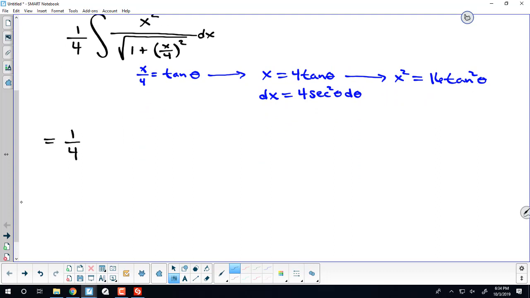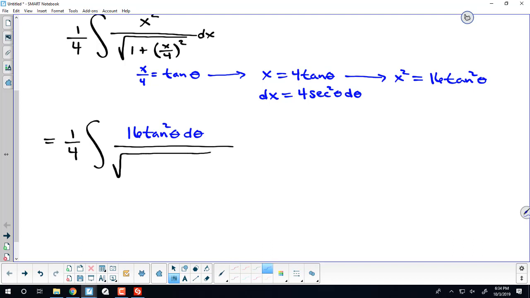So we have this 1/4, we have our 16 tan squared theta over the square root of 1 plus tangent squared, times our dx, which is 4 secant squared theta d theta. Sorry, I put the d theta in the wrong spot.